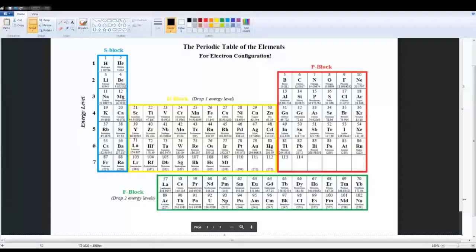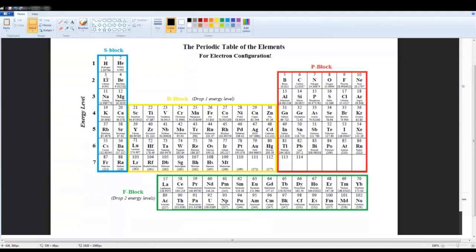Let me show you how you can do this. Each box in the periodic table represents a place for one electron to fit in.